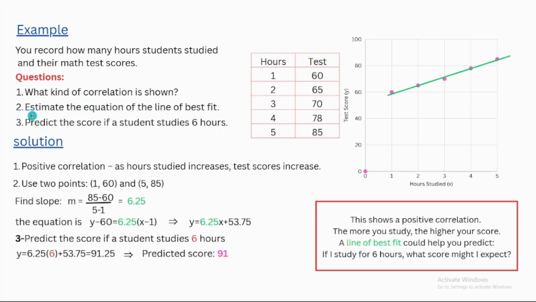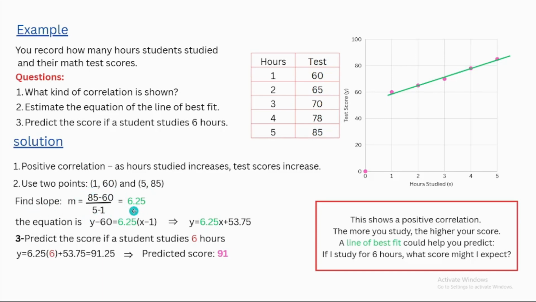Second question, estimate the equation of the line of best fit. Of course, we have here a lot of points. We can use 2 points that lie on the straight line and use them to get the slope. We take the 2 points, 1 and 60, and 5 and 85. The slope is the difference between the y's over the difference of the x's.